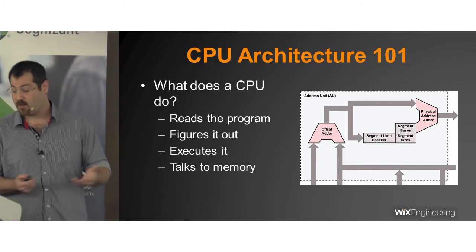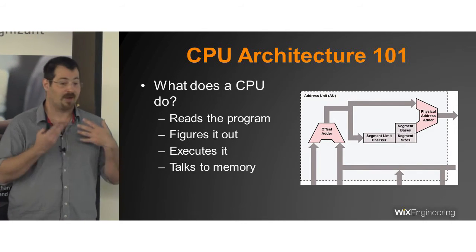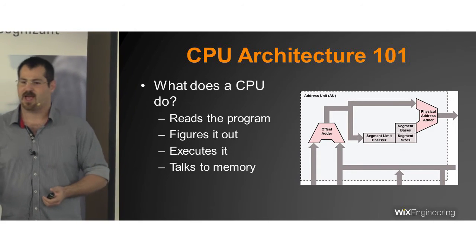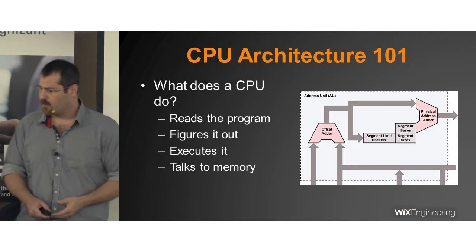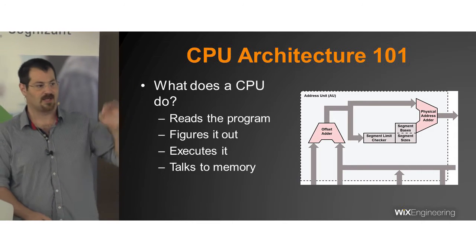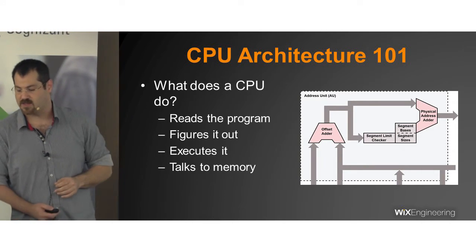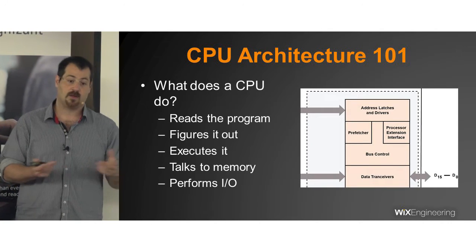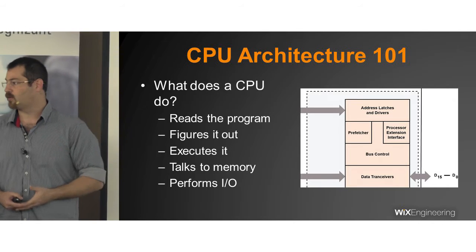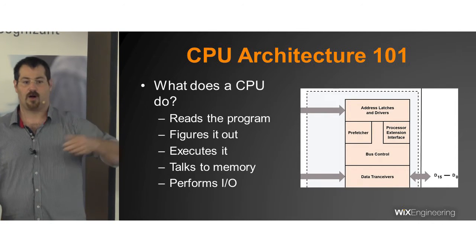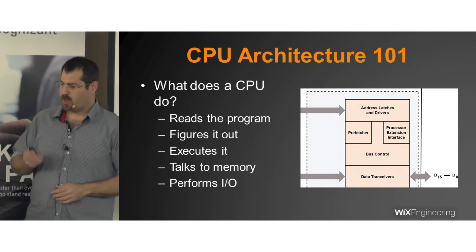Then it needs to talk to memory again. So it actually goes through an address unit that deals with address calculations and virtual memory, whatever the CPU does to actually translate a memory address to something that it can send on the bus. And it might need to perform I/O, right? It might need to talk to peripherals, to PCI cards, to your hard drive controller, whatever.